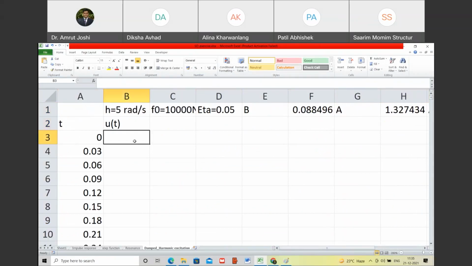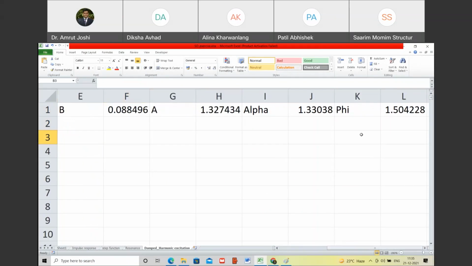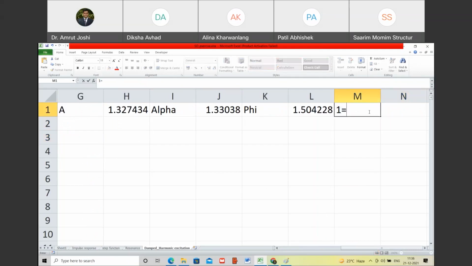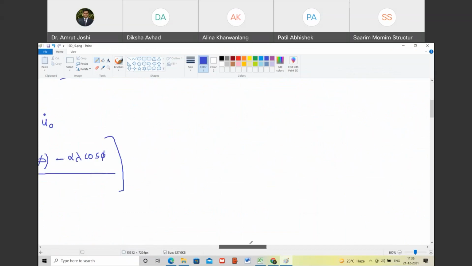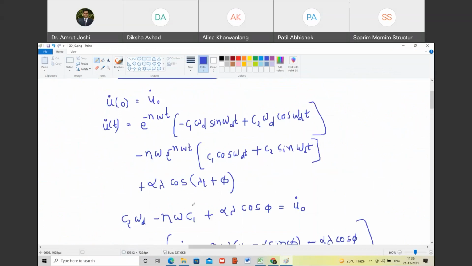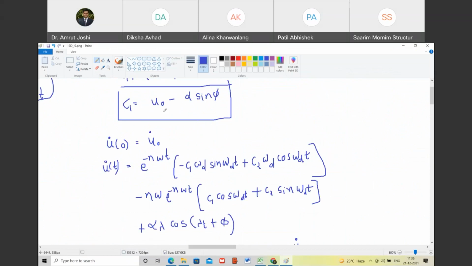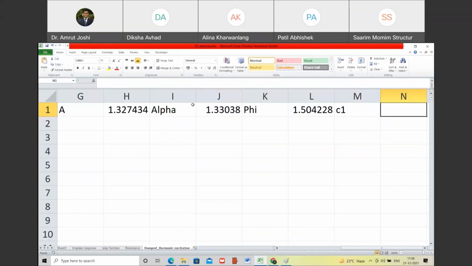So now we will calculate value of C1 and C2. What is the value of C1? C1 बोलो. This is C1. U0 minus alpha sine phi. What is U0 in our case? 0. So U0 is 0.